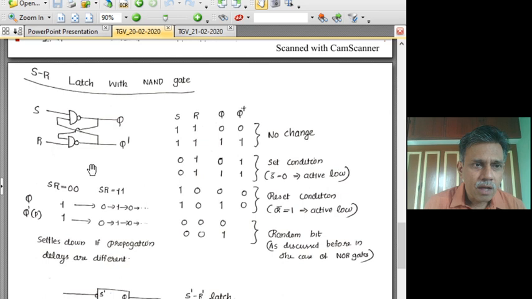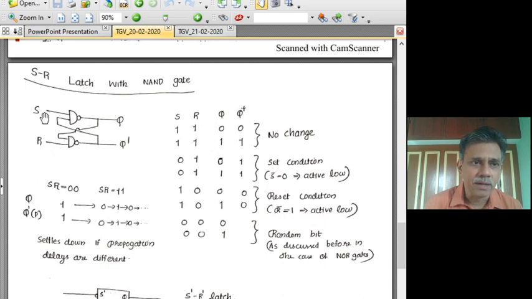Now we know that for an AND gate or a NAND gate, if one input is 1, it is the other input which will dictate the output of the gate. So when S equals 1, R equals 1, these two signals allow the gates to function as cross-coupled NOT gates. Therefore when S equals 1, R equals 1, if Q were originally 0, then it is a 0 before the bubble and a 1 after the bubble.